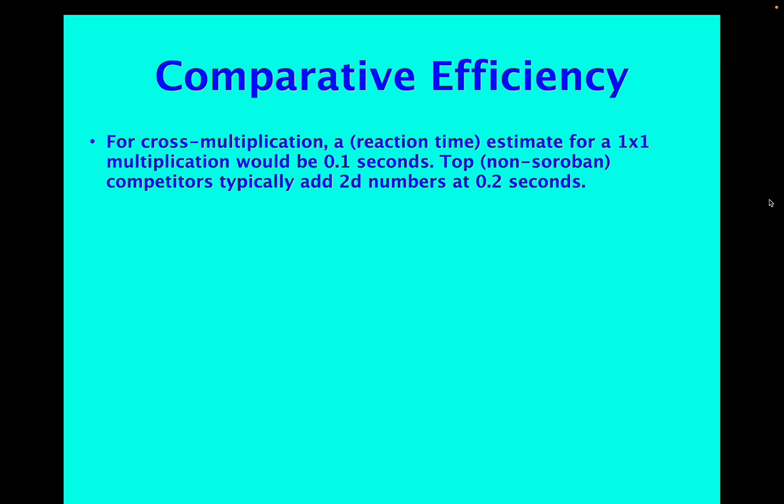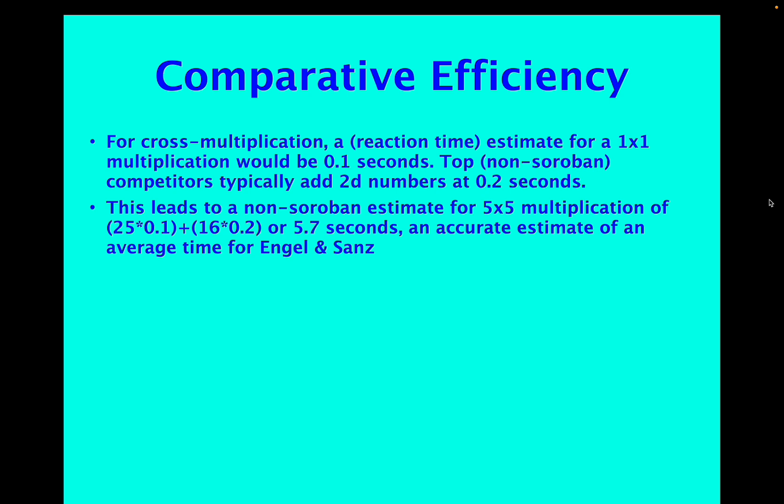So if we're going to take the framework from the last slide, and a 5 by 5 multiplication is broken up into 25 1 by 1 multiplications and 16 additions of 2-digit numbers, we would estimate a 5 by 5 time of 5.7 seconds.